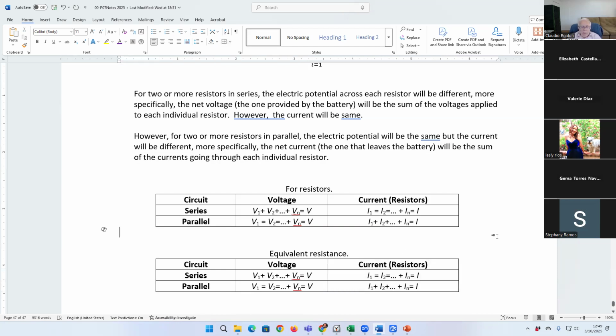And you know what? I can put everything here in a single table.